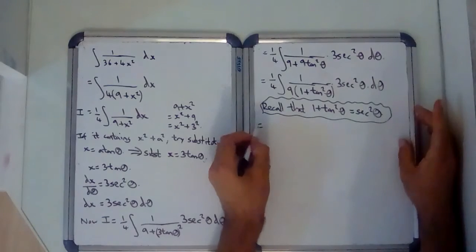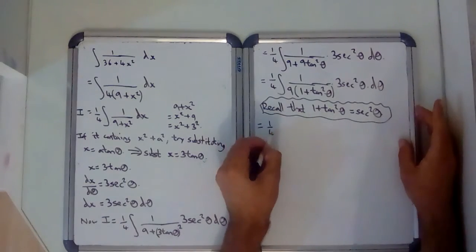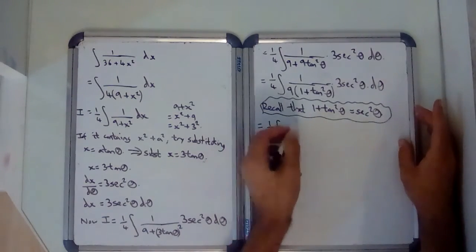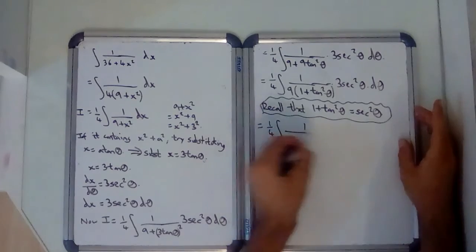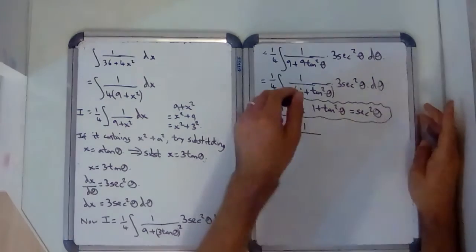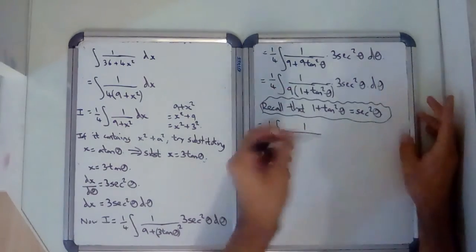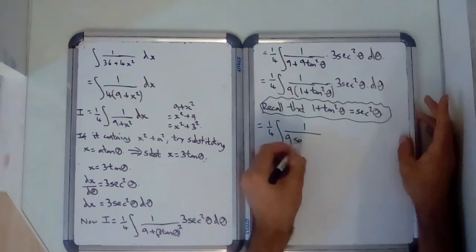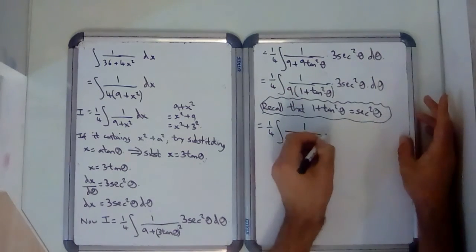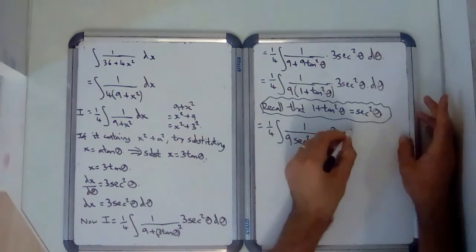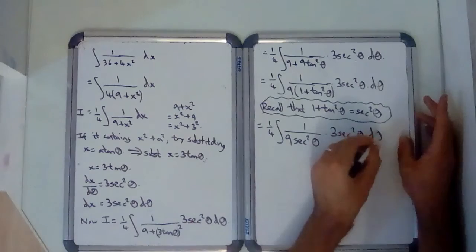So now our integral equals 1/4 times the integral of 1 over 9 sec squared theta times 3 sec squared theta d theta.